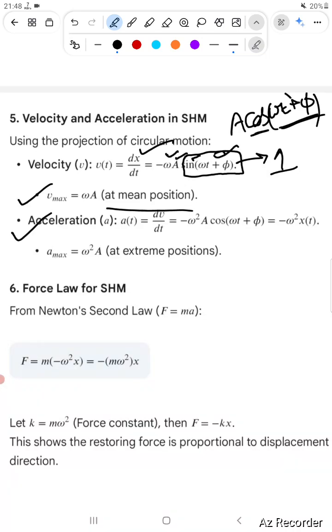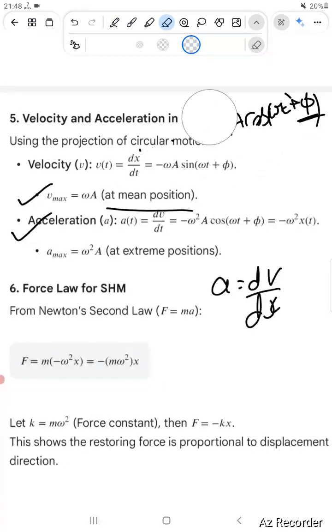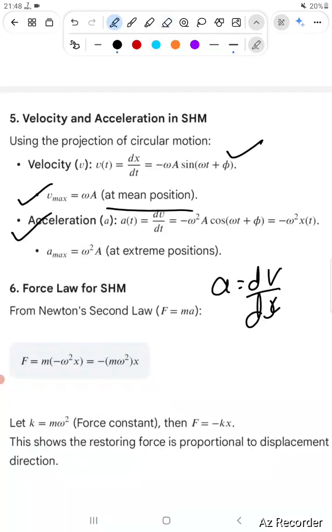Acceleration, how to find it? Acceleration is the differentiation of velocity. So if I differentiate this equation, omega t is to be differentiated, so omega square comes out. A is as it is.